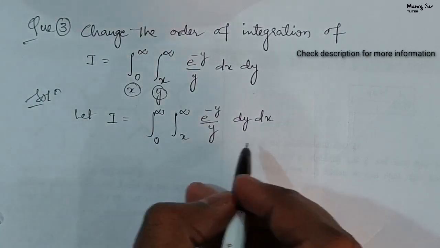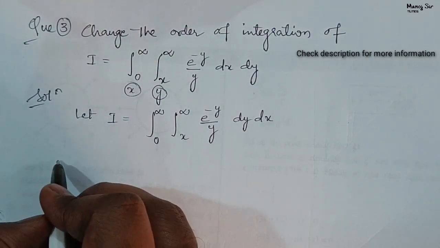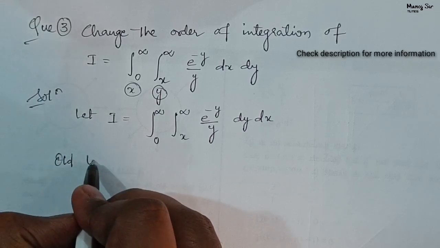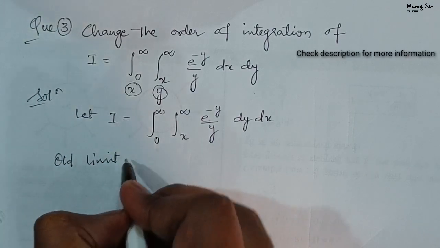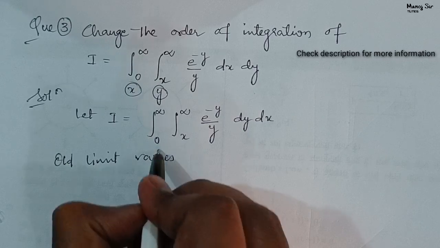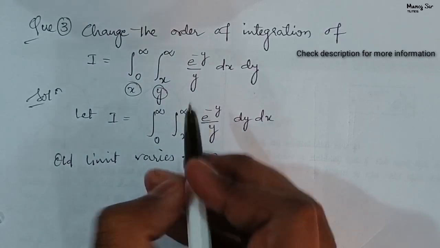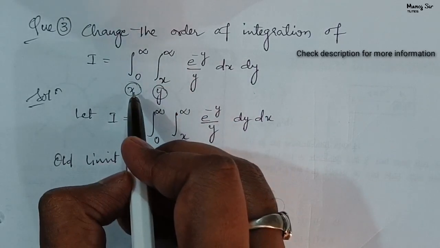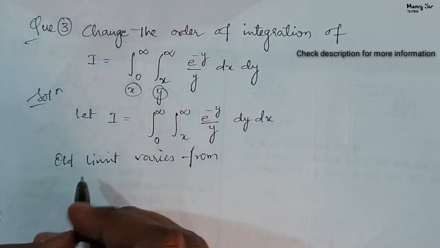Okay. Now moving ahead, here we can see that the old limit varies from y equals to x to infinity and x equal to 0 to infinity.